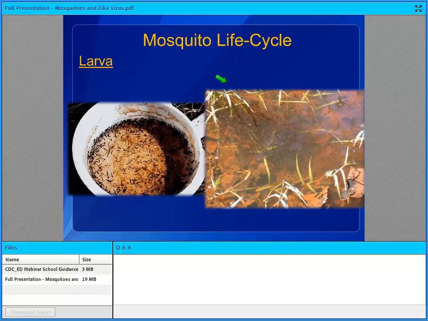It's not an artificial container. That is more of a flooded natural setting, maybe a roadside ditch or a flooded field or a flooded area of a playground. This is where you will not see Aedes lay their eggs. But other mosquitoes will lay their eggs in standing water like this.